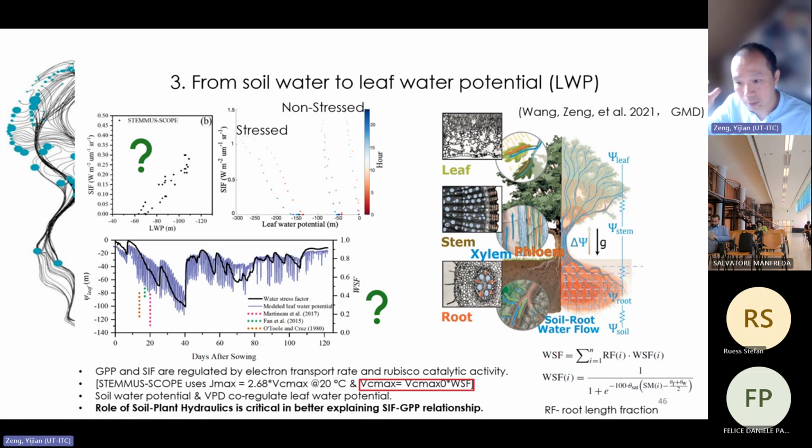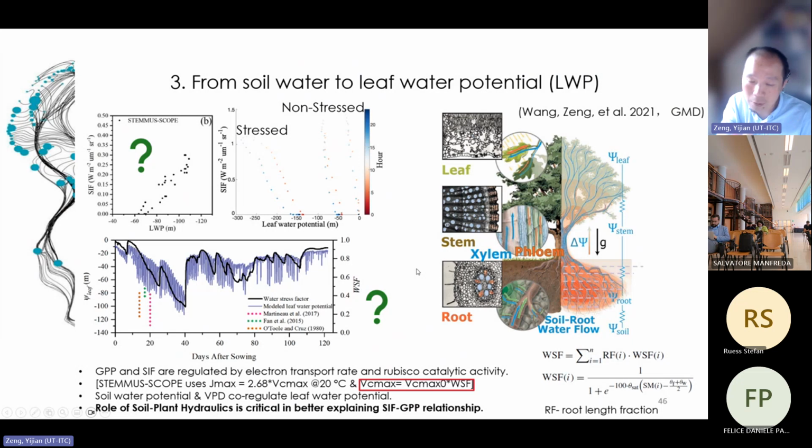Because of this link between the root soil water content and leaf water potential, there is a hydraulic connection within the soil plant system. Such a hydraulic connection enables this apparent relationship between solar-induced fluorescence and leaf water potential.